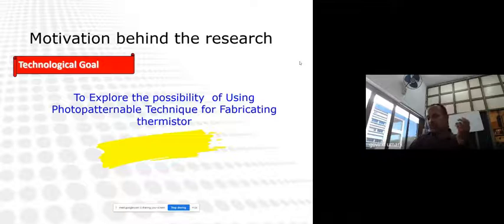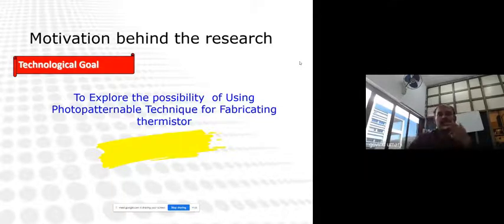One more application, when we started thinking of using this photo patterning technique, is to use this thermistor in our gas turbines, where the fuel and air ratio comes, there the temperature goes up to 1000 degrees Celsius or more, and the flames are moving, and we have to control the efficiency of that fuel and other things, and that temperature defines how to control it.